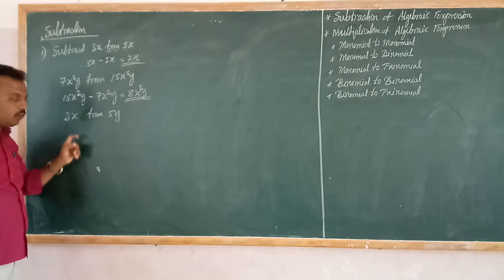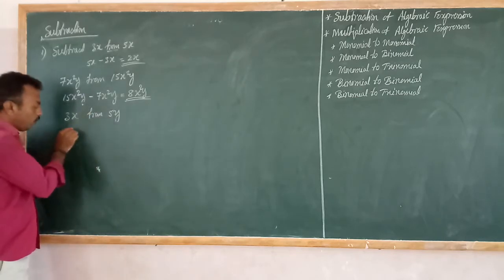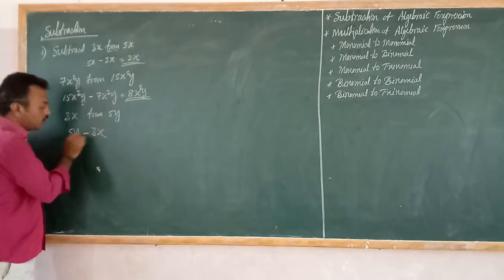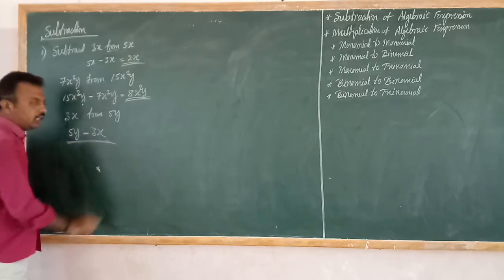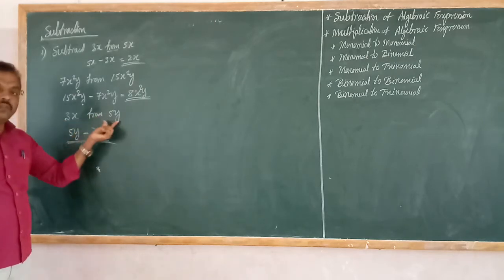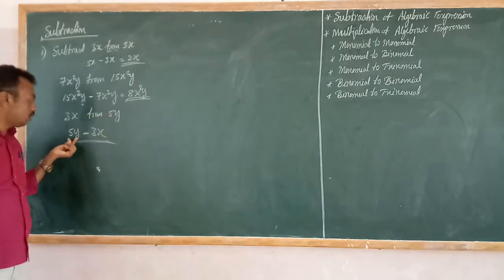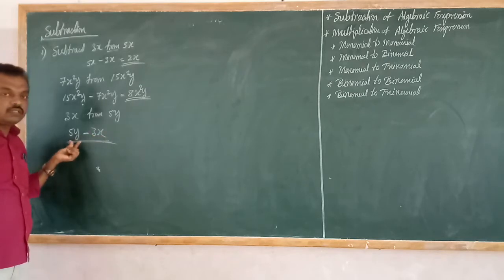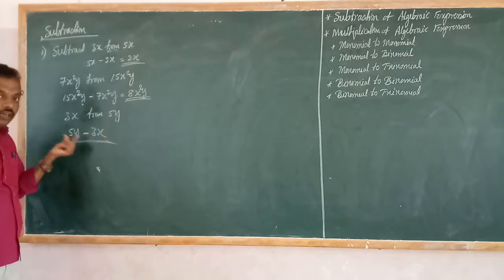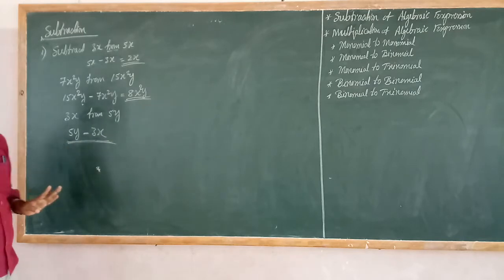That's why we first write 5y, then put a minus between, and after that 3x. So 5y minus 3x is the result of the difference. We cannot subtract these two terms because they are unlike terms. That's why 5y minus 3x is written as it is.